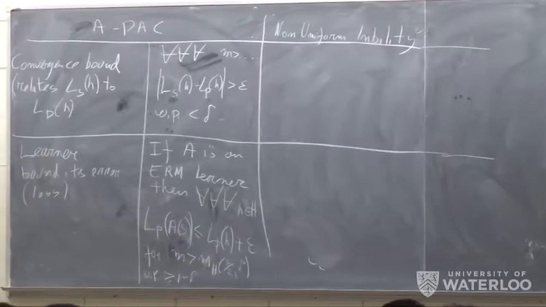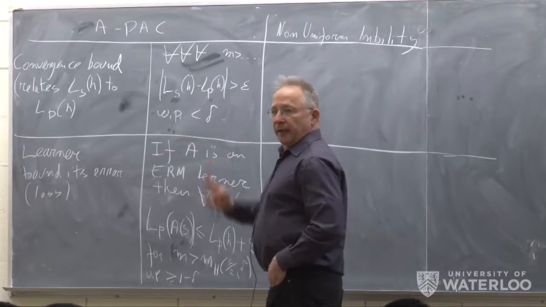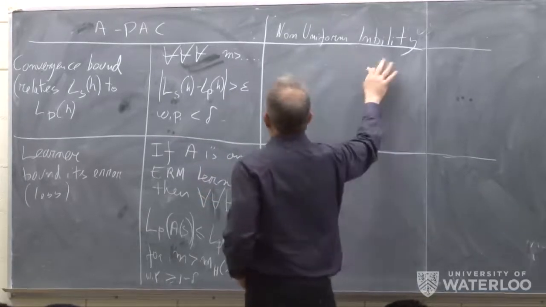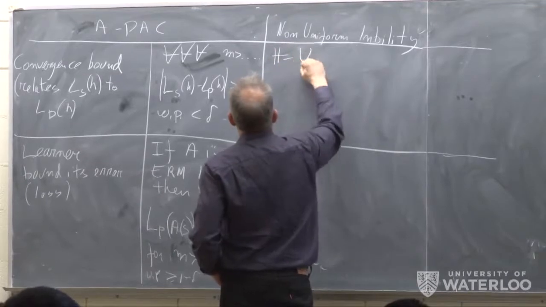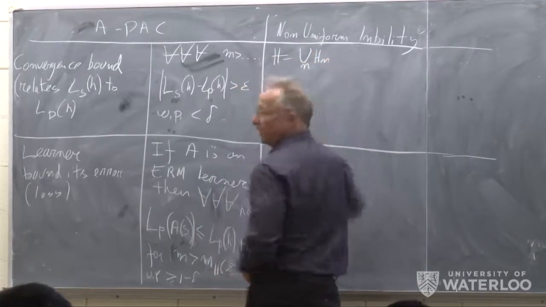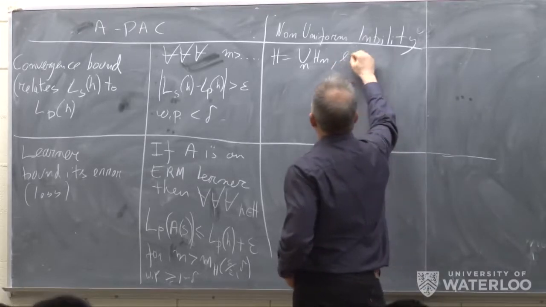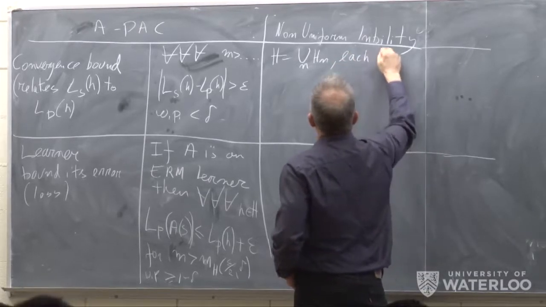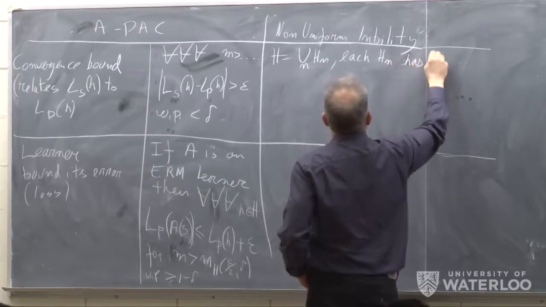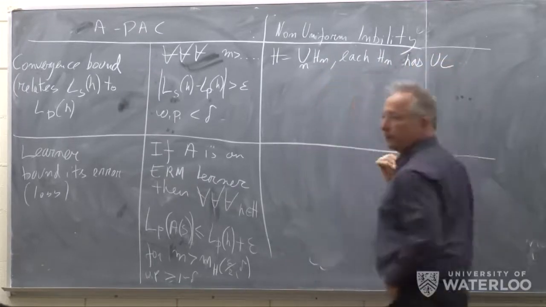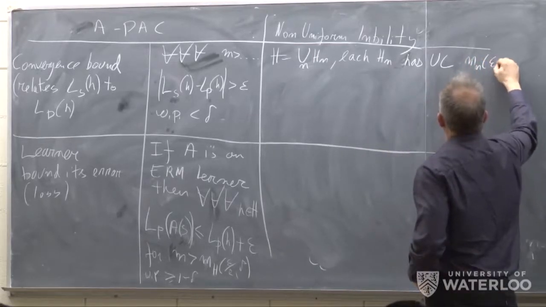There was a lot of preparation: we said that H is a union over n of H_n, and each H_n has the uniform convergence property with some function m_n of epsilon, delta.